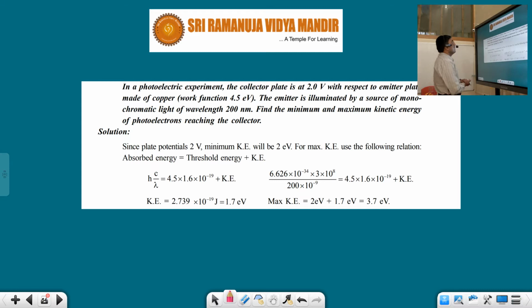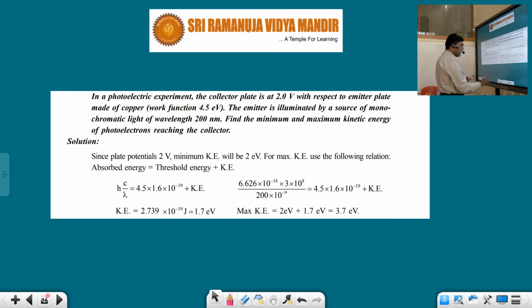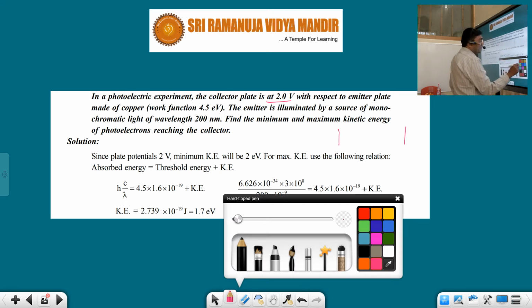In a photoelectric experiment, the collector plate is at 2 volts with respect to the emitter plate. So emitter means what? It is emitting electrons.